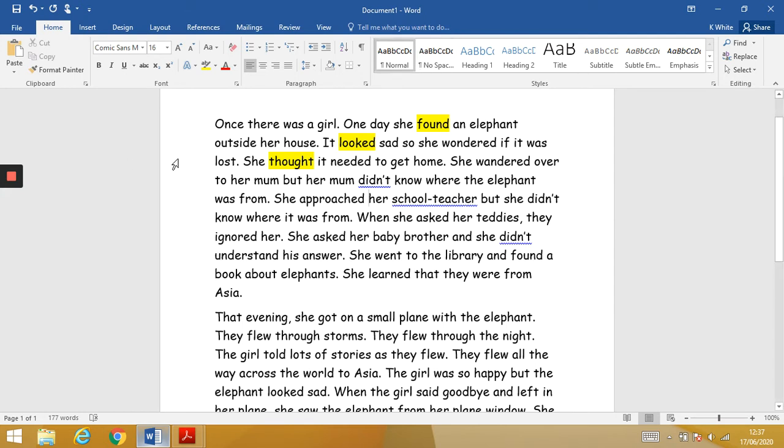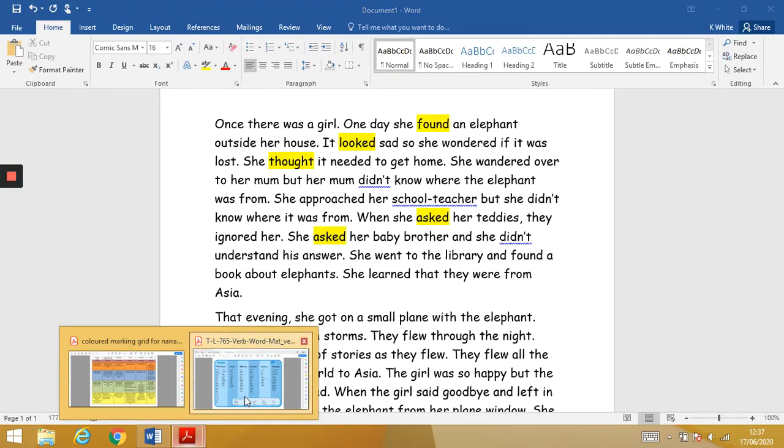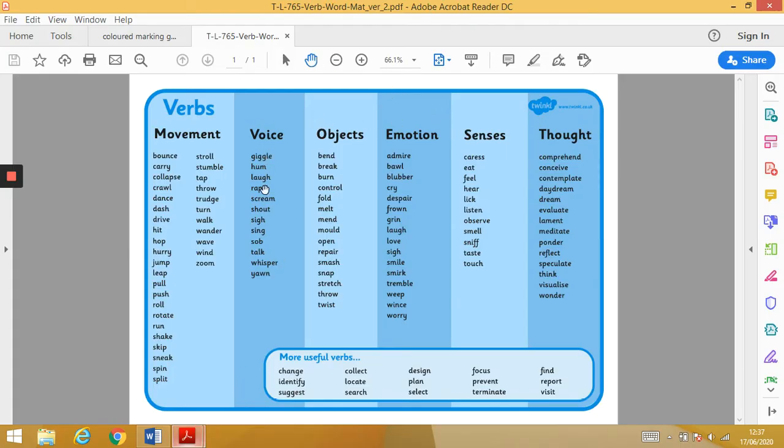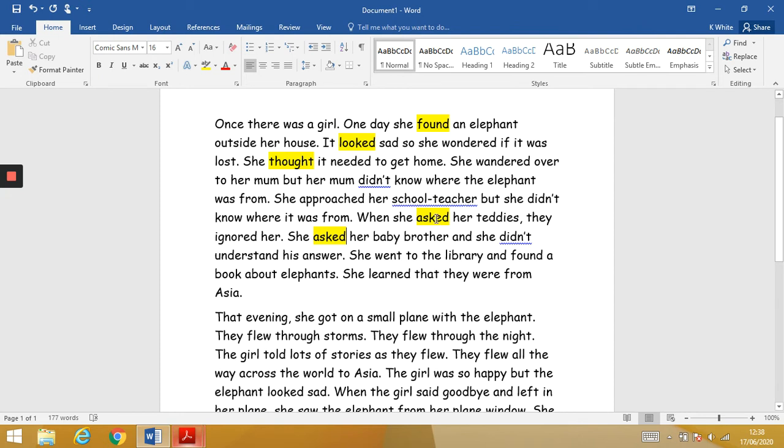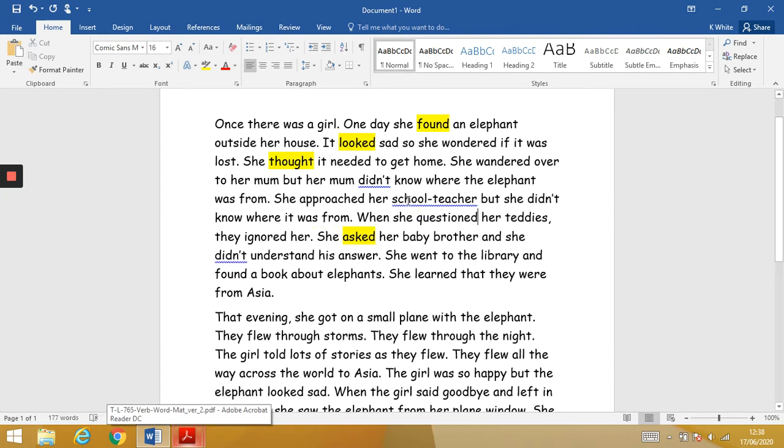She asked her baby brother and she didn't understand his answer. So again, I've used the word asked twice here. Let's go back to the verb mat and see if there's anything here. Not all of them, but we could say, because to ask is to question. So when she questioned her teddies, they ignored her.